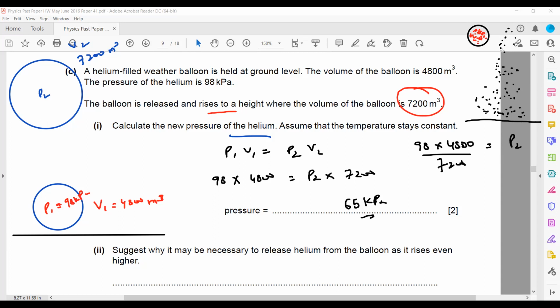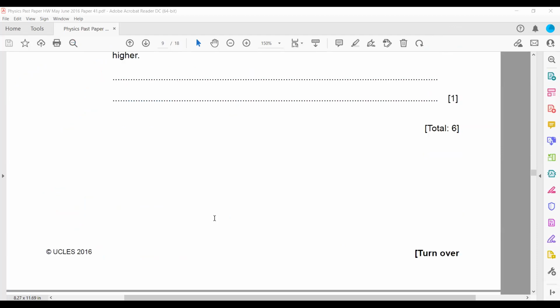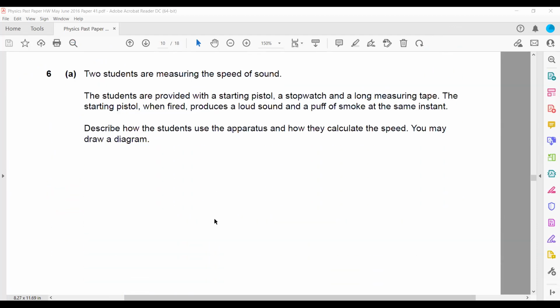If the outside pressure is too low and inside there's helium gas which is exerting more pressure, then the balloon might burst. So just to protect this balloon from bursting, we should release some of the helium out from the balloon.